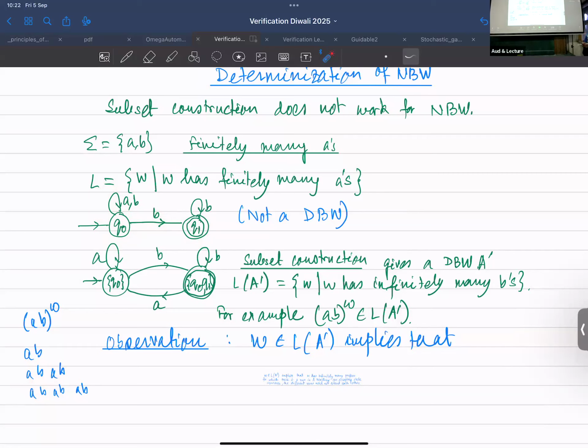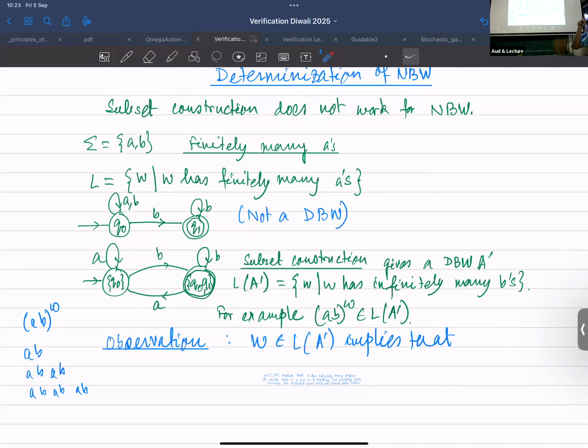What is the catch? The catch is that these runs do not necessarily extend each other, right? Because this is a non-deterministic automaton. Suppose AB is a prefix of ABAB.